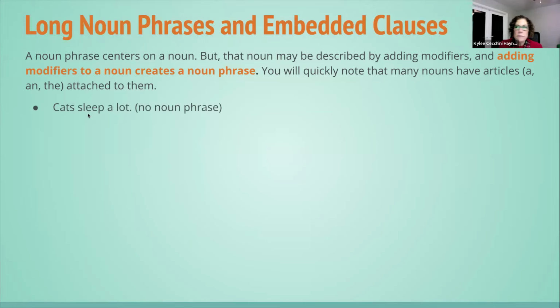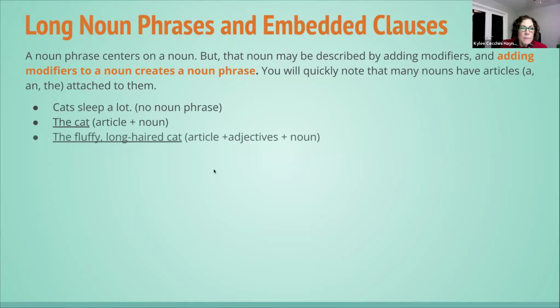So you have an example like cats sleep a lot, okay? No noun phrase. Cats, subject, verb, sleep, right? So here we have the cat, we have an article. So we're getting a noun phrase. Now we're adding some adjectives to it.